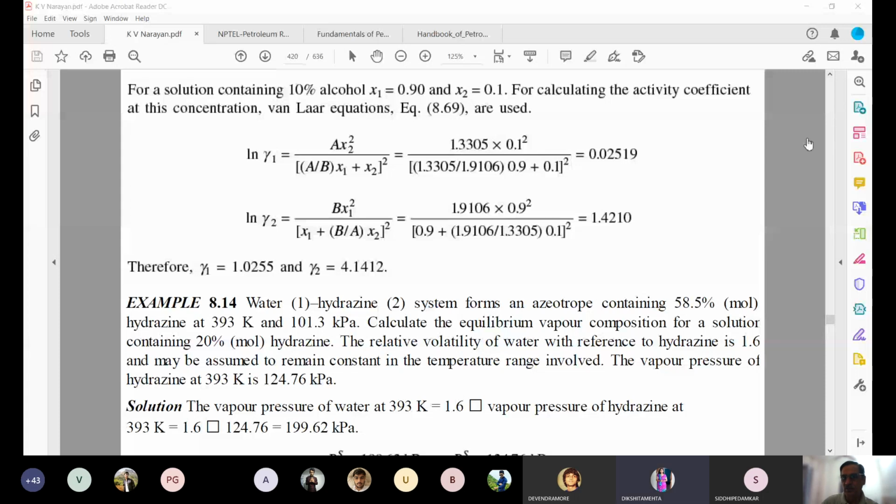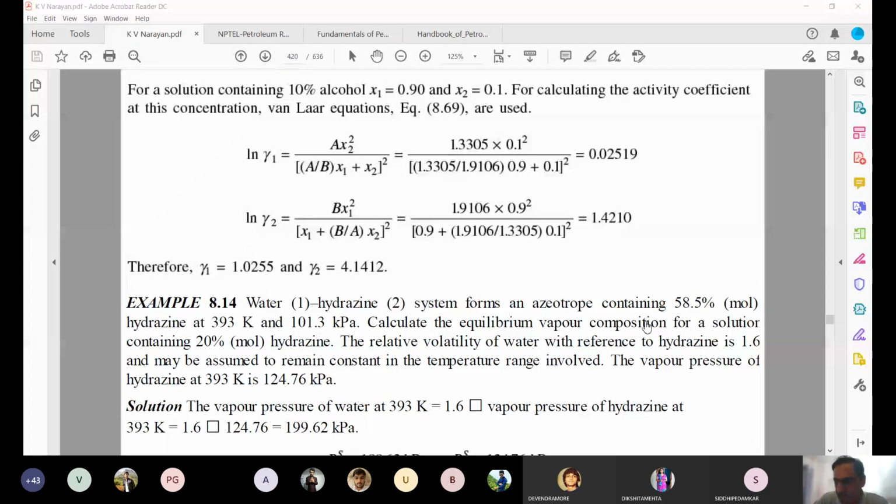Okay, any doubts or questions on what we did today? Yes, sir, the vapor pressure of the more volatile component is more, right? The vapor pressure of the more volatile component is always more. Relative volatility alpha is equal to what?